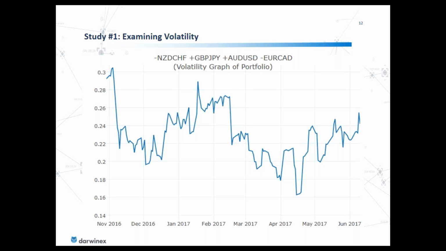We've taken the last 1 year's worth of data, and you can see that the swings between 0.16 and 0.32 roughly indicate that the volatility is changing over this brief period of time in this currency portfolio by roughly 50% each way.